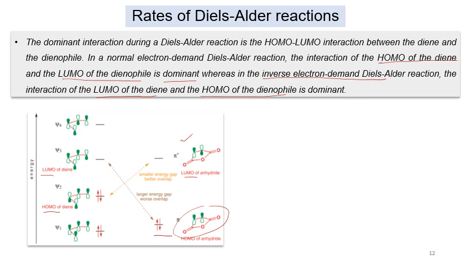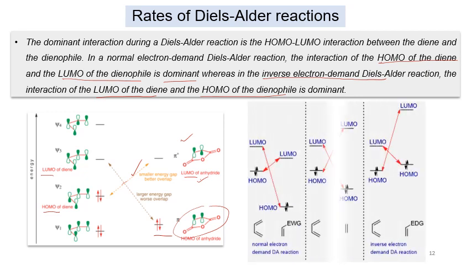As you can see here, the energy gap between the HOMO of the diene and the LUMO of the anhydride is much smaller than the energy gap between the HOMO of the anhydride and the LUMO of the diene. So this is the best overlap to be considered for a normal electron demand Diels Alder reaction.